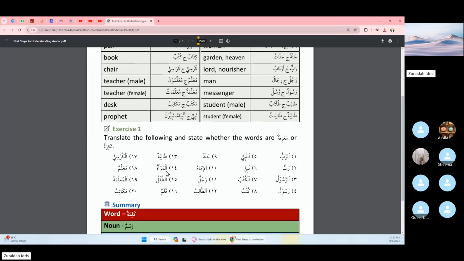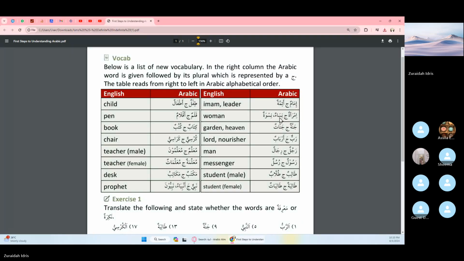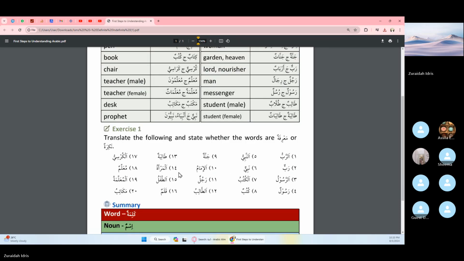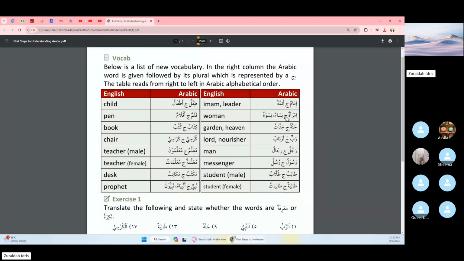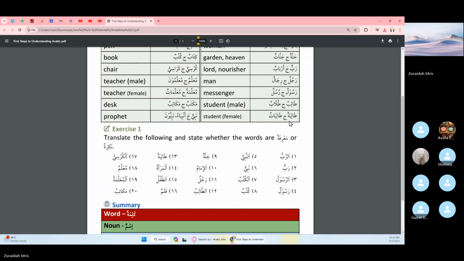Al-mar'atu. So the word for woman is imra'a, right? But when it became the woman, it was al-mar'a. Oh, I see. So you were wondering why there is this difference? Yes. Okay, al-mar'ah. You're right.